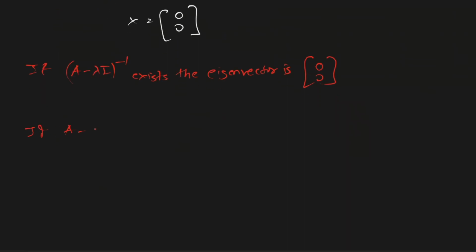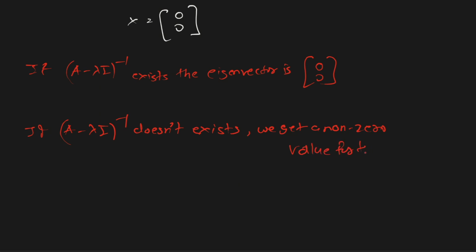The procedure wouldn't work if (A minus lambda I) inverse doesn't exist. So if (A minus lambda I) inverse doesn't exist, we get a non-zero value for the eigenvector.